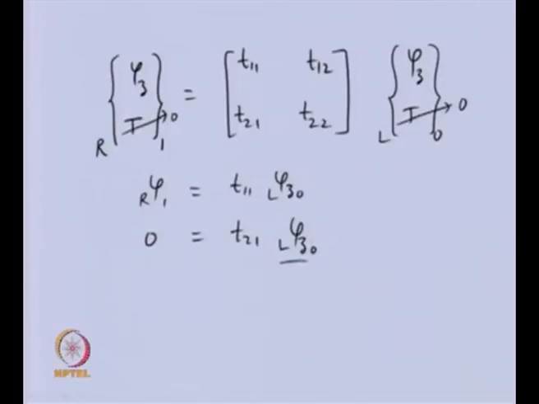And because this displacement cannot be 0 at the free end, we need to have T21, which is a function of natural frequency, equal to 0. So, we have seen how we can apply the boundary condition once we have obtained the overall transfer matrix, and how the frequency equation can be obtained.